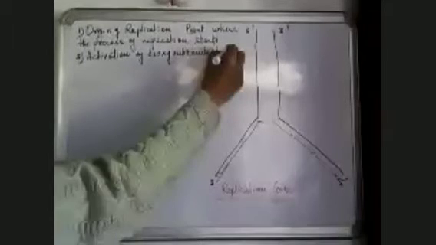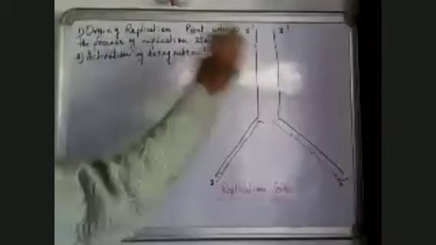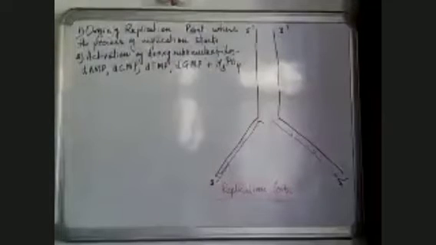These combine with H3PO4 in the presence of the enzyme phosphorylase and get converted into their triphosphate forms like dATP, dCTP, dTTP, or dGTP.